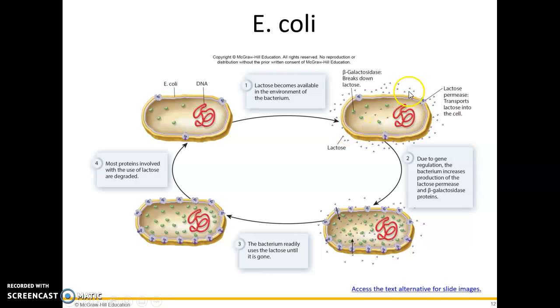When, as we see over here, lactose becomes available, that lactose is going to move into the cell and not only be broken down, but it's going to turn on expression of more permease and more galactosidase, so that we can see the cell after lactose is present has many more of these purple permeases and much more of the green beta-galactosidase.